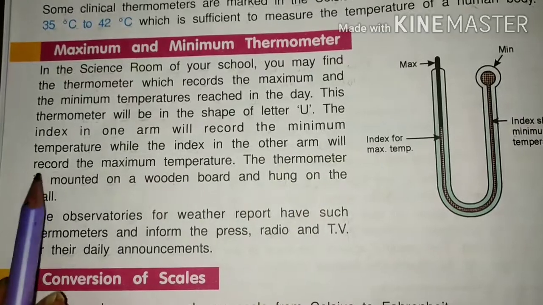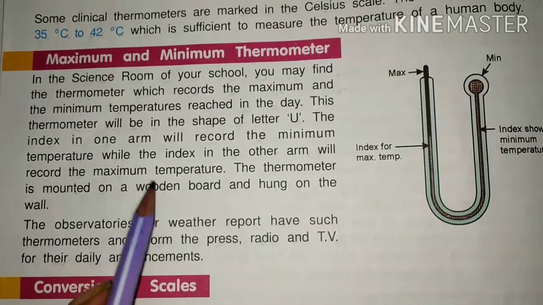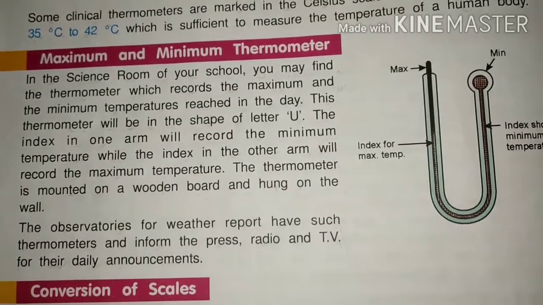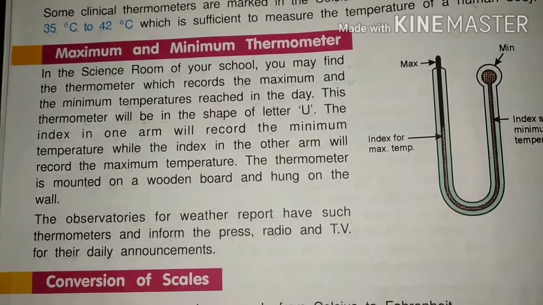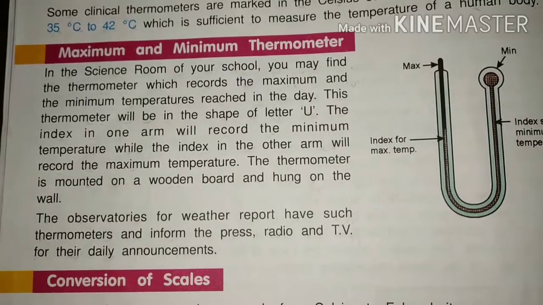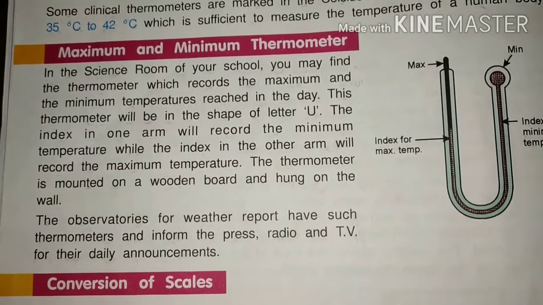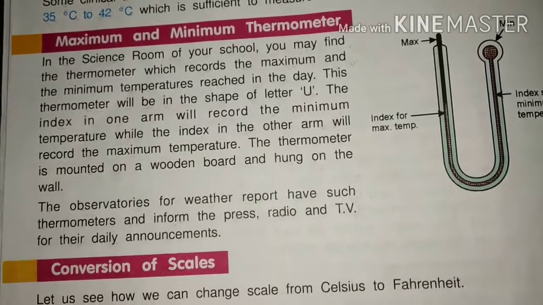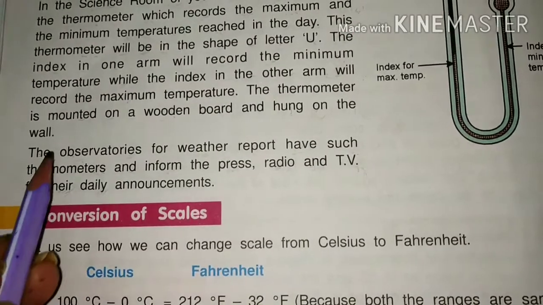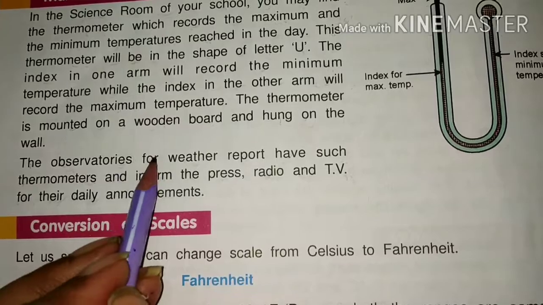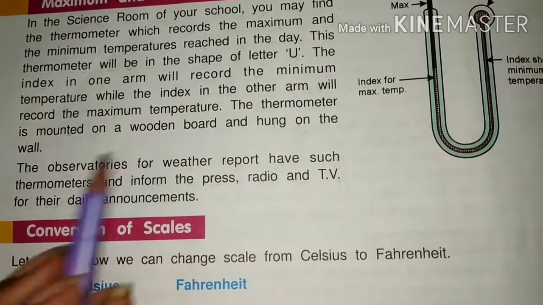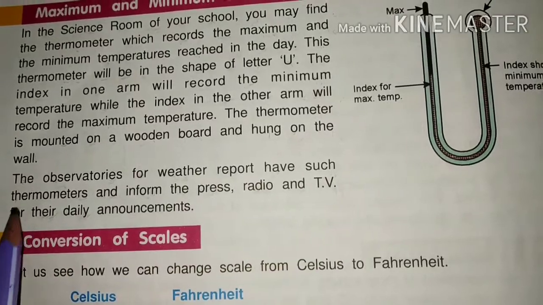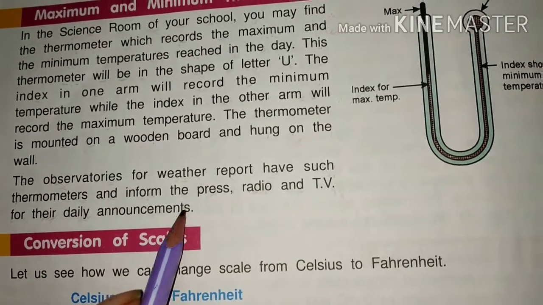The thermometer is mounted on a wooden board and hung on the wall. The observatories for weather report have such thermometers and inform the press, radio and TV for their daily announcements.